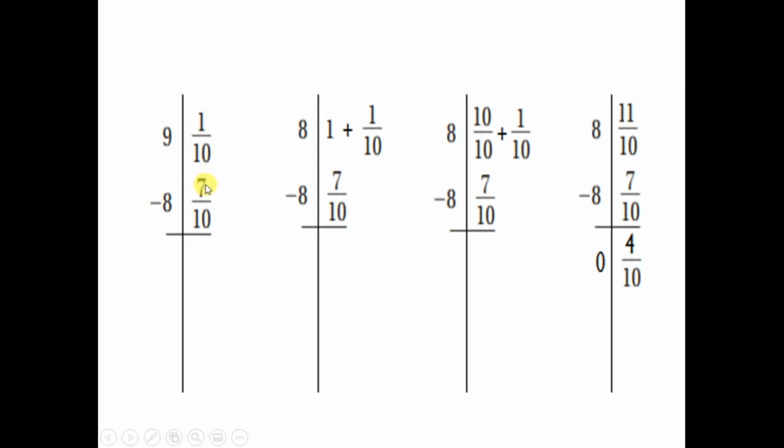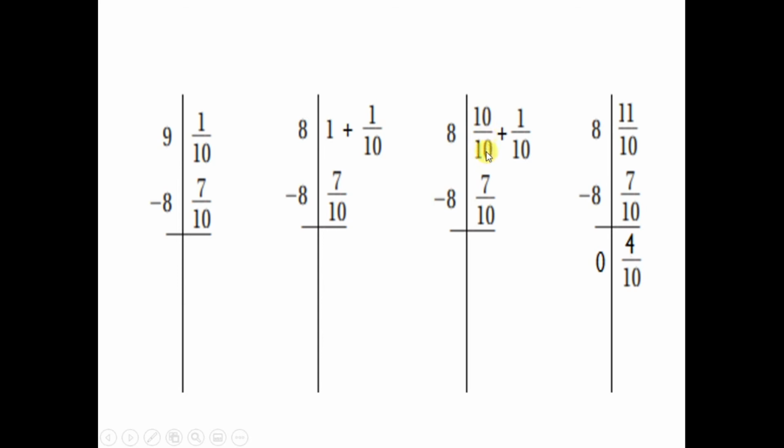Can we? I don't think so, because 1 here is less than 7. So in this case, I need to make this one bigger. So I will borrow from 1. It will be 8. Then the 1, I'll put into fraction form by taking the denominator and repeating it up and down. So what is the denominator? It's 10. Repeat it up and down.